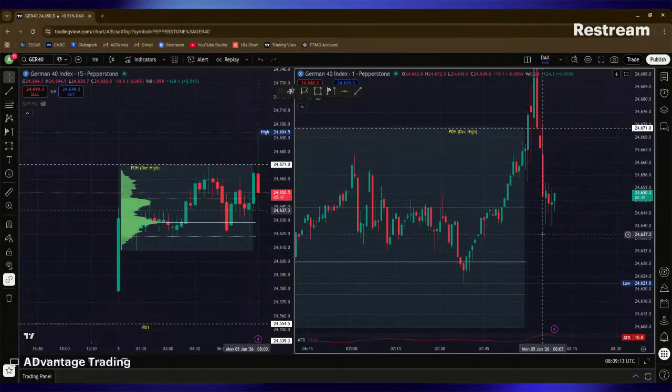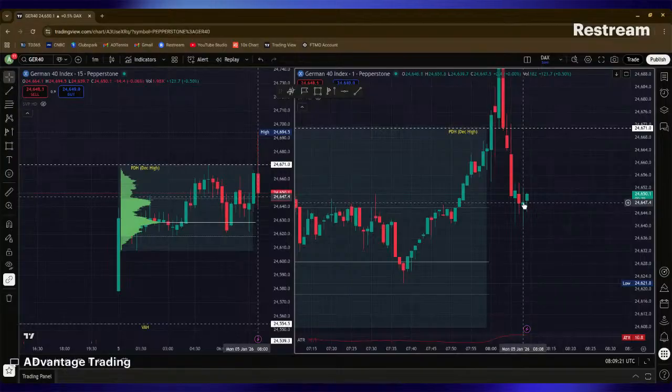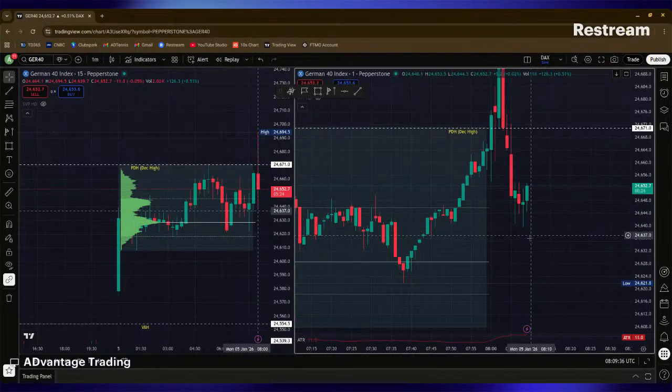These levels often act as key levels where there's buy orders or sell orders. And you can see here that the market is what you may call either accumulating or consolidating at this value area high. Now, consolidation at the value area high is quite a bullish signal because it's accepting these higher prices.